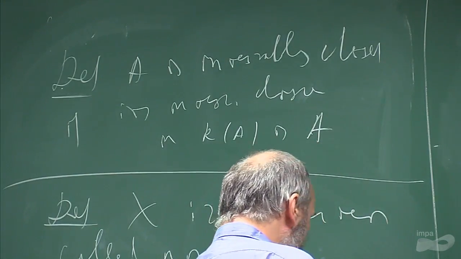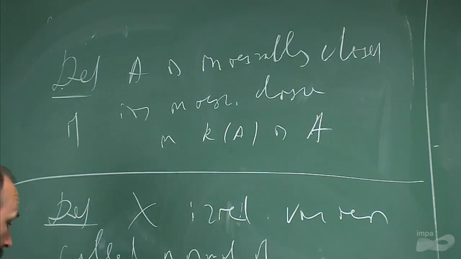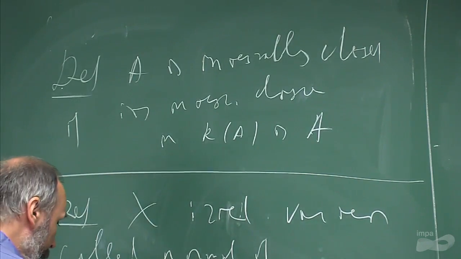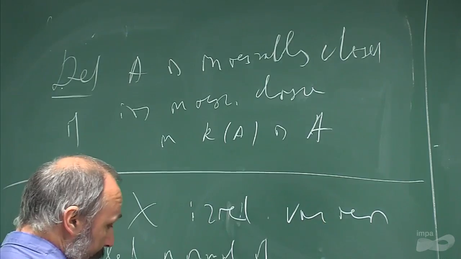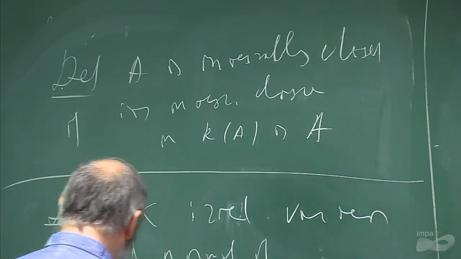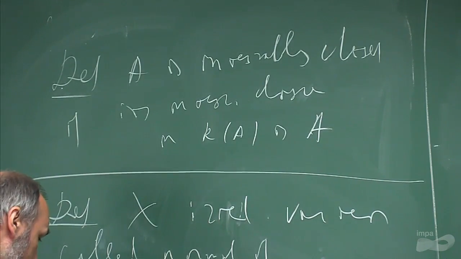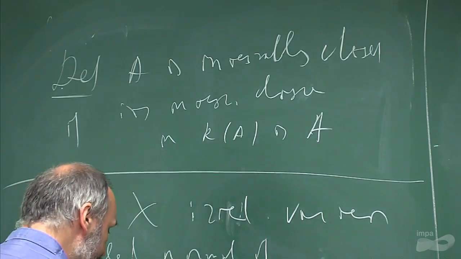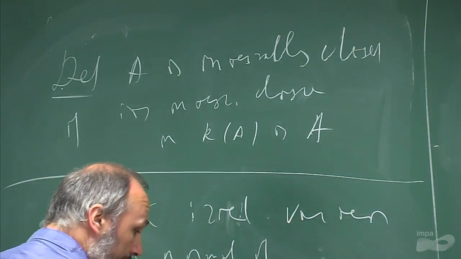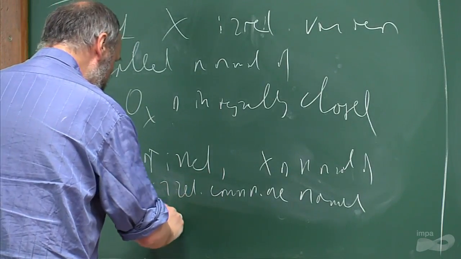And if X is not irreducible, X is normal if all its irreducible components are normal and disjoint, don't intersect.